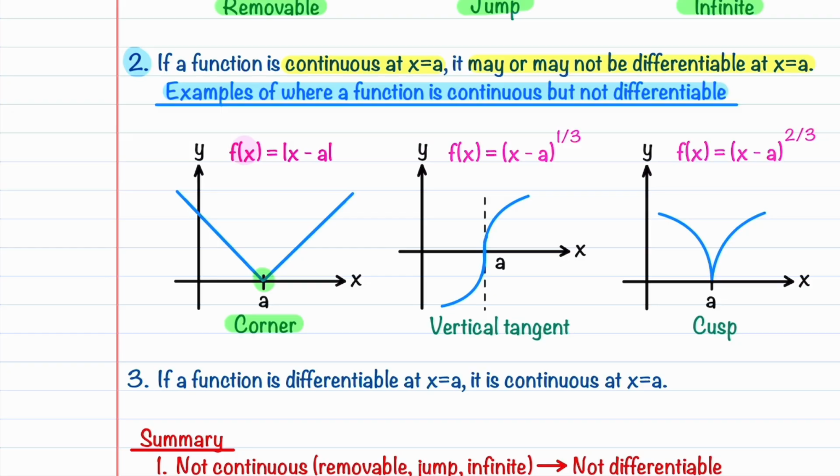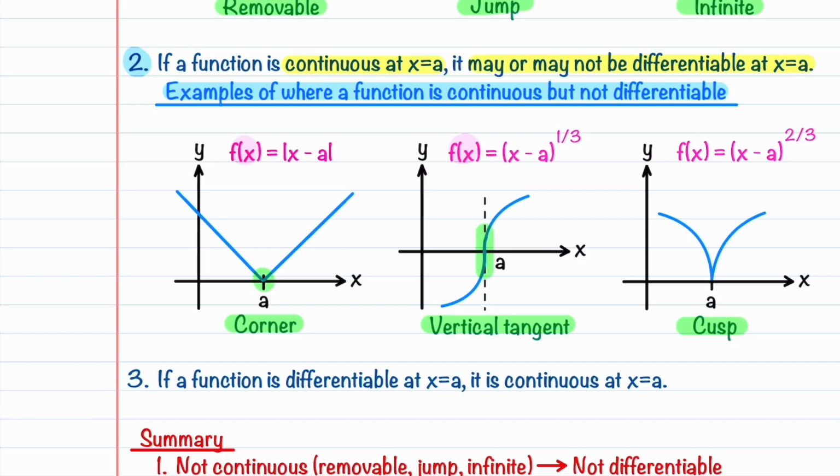The next type of function that is continuous but not differentiable is where we have what's called a vertical tangent. So at some point on a graph, the slope is infinite. An example of this type of function would be f of x is x minus a raised to the 1/3 power. The last type is where we have what we call a cusp.